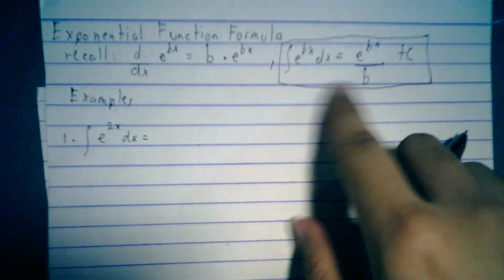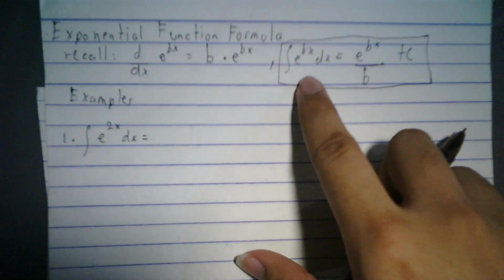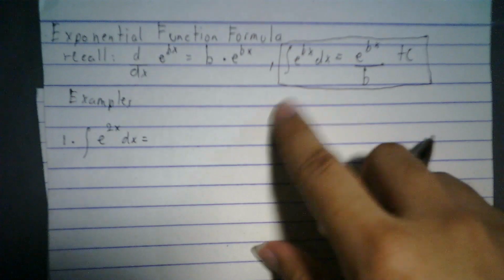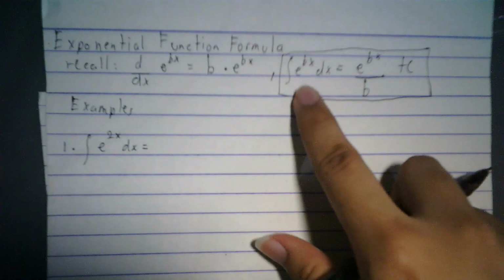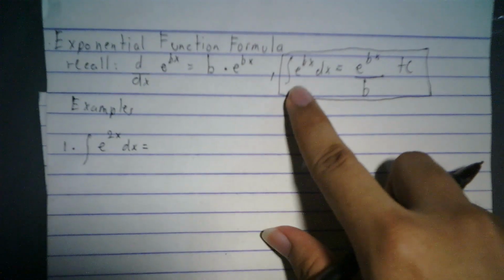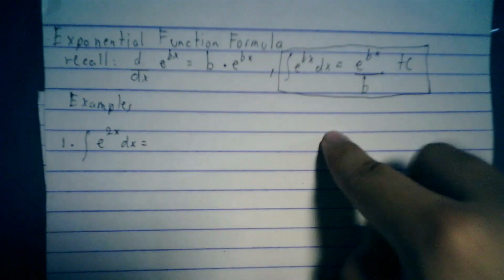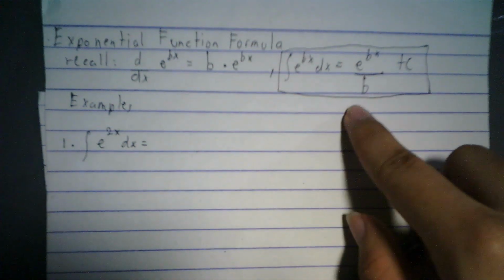So examples. The first example is the integral of e raised to 2x dx. By recalling the formula, by the way, don't memorize the formula, just familiarize yourself with it. The integral of e raised to bx dx is equal to e raised to bx all over b plus c.